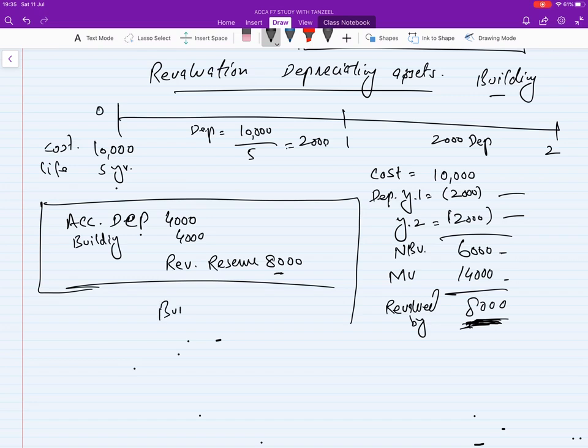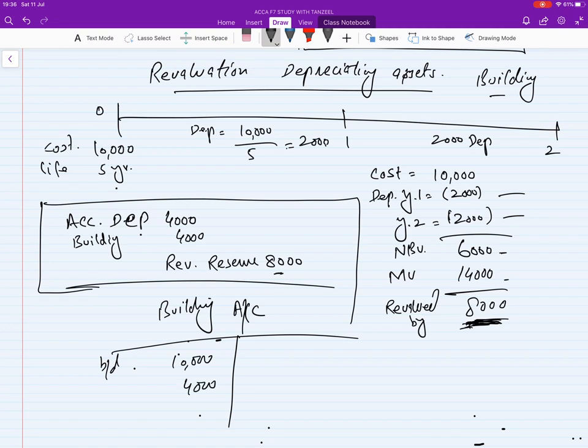If I can show you the building account, let's make a building T account. Brought down value was 10,000, and you reverse all the depreciation here. When you reverse it, the closing balance will be 14,000. You can see market value and the closing balance is the same, 14,000.